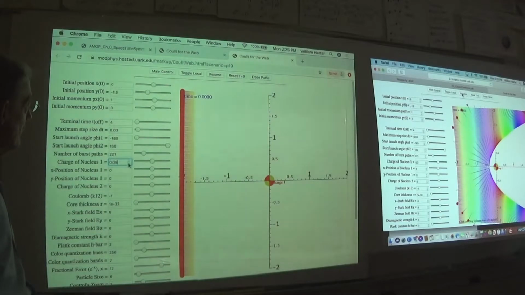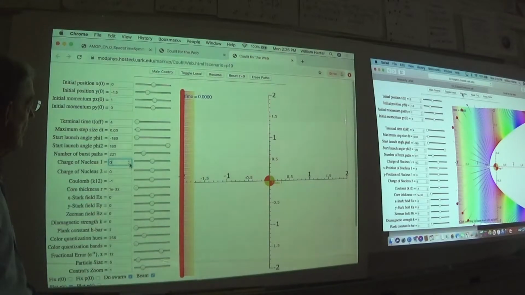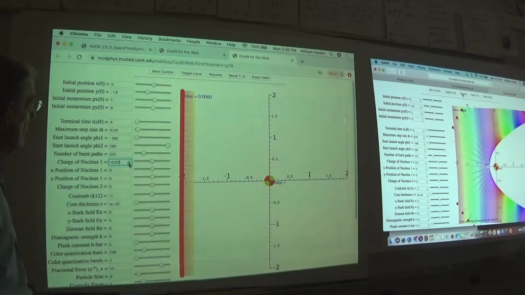Okay, now we have 0 charge on that nucleus. So nothing would happen in this case, but now I'm going to take it to minus 0.2, so it'll just be an opposite sign, and we'll reset t equals 0.